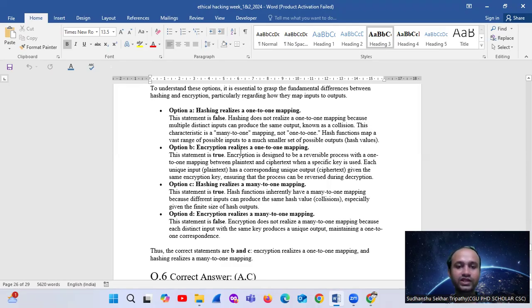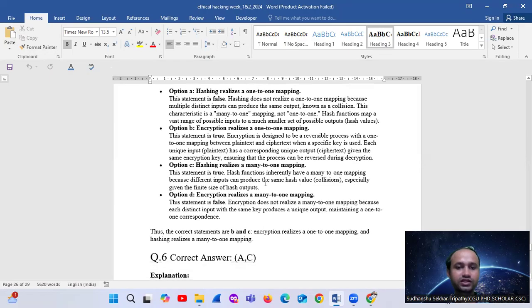Option B, encryption realizes one-to-one mapping. This is true. Encryption is designed to be a reversible process with a one-to-one mapping between plaintext and ciphertext. When a specific key is used, each unique input, that is plaintext, has a corresponding unique output, that is ciphertext, given the same encryption key. So ensuring that the process can be reversed during decryption.